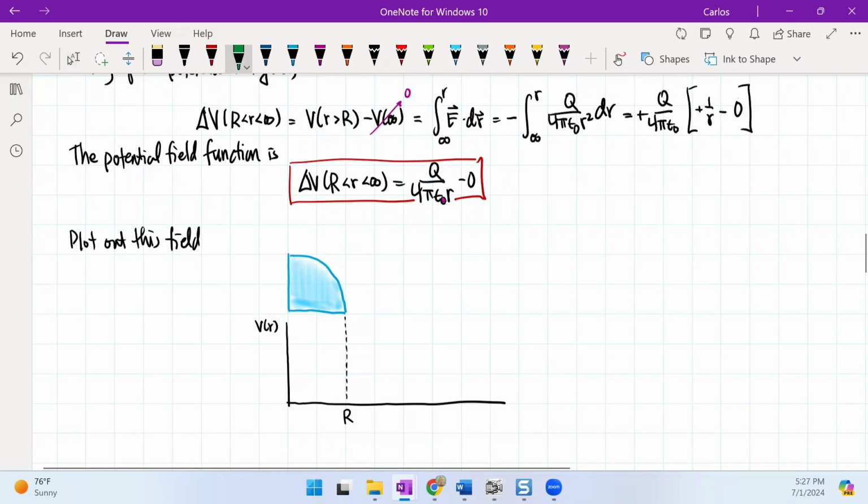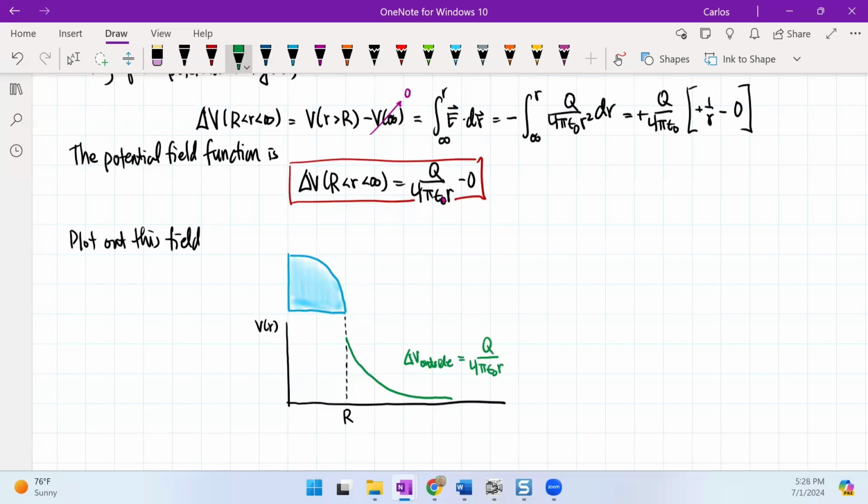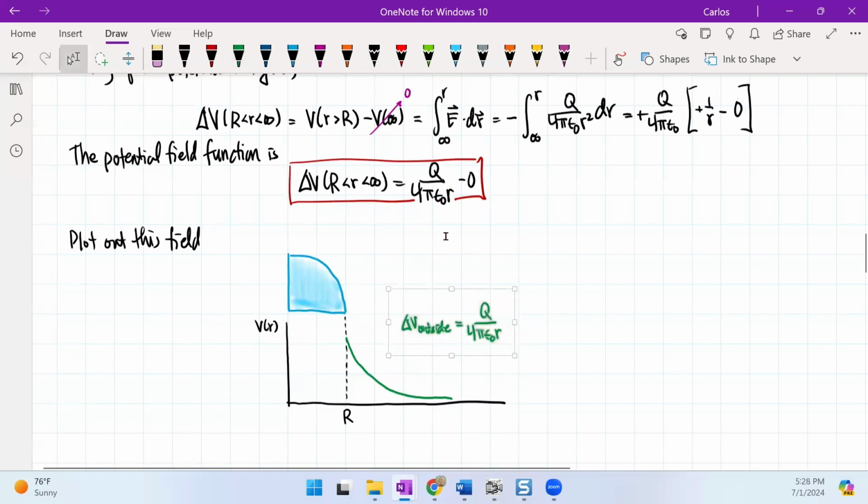It has to follow 1 over R. So the field on the outside has to be q over 4 pi epsilon R. You know, I think I'm going to make this in black.